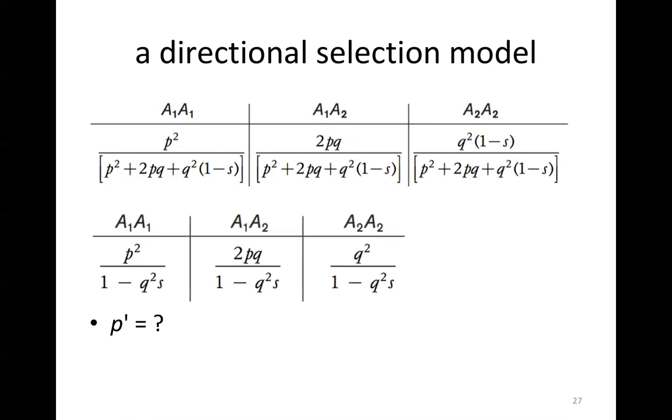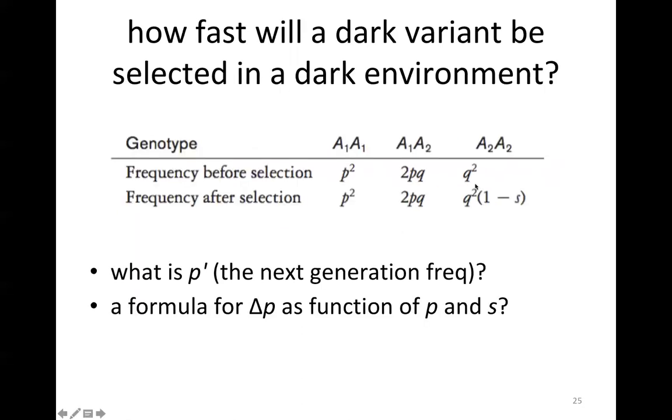Okay, so this part, the denominator, actually boils down to this simpler version, 1 minus Q squared S. How this is derived, you should be able to figure out. It's not complicated. What you just need to keep in mind is that the sum of P squared plus 2PQ plus Q squared is 1 by definition.